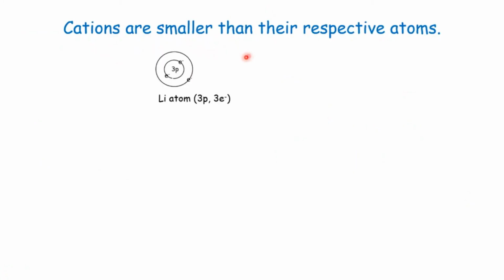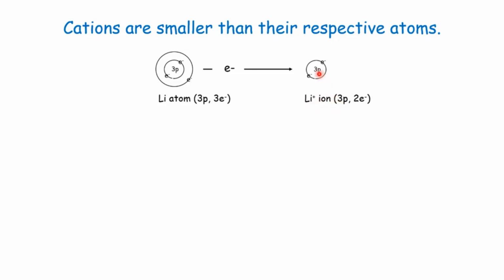Cations are smaller than their respective atoms. Lithium, for example, has atomic number 3, so it has 3 protons and also 3 electrons. So the neutral lithium atom carries a net charge of 0. However, when the lithium atom loses 1 electron, the lithium +1 ion is formed.